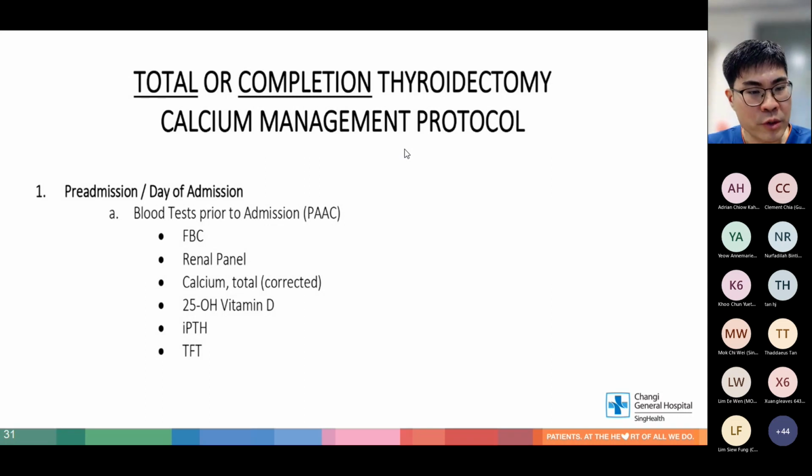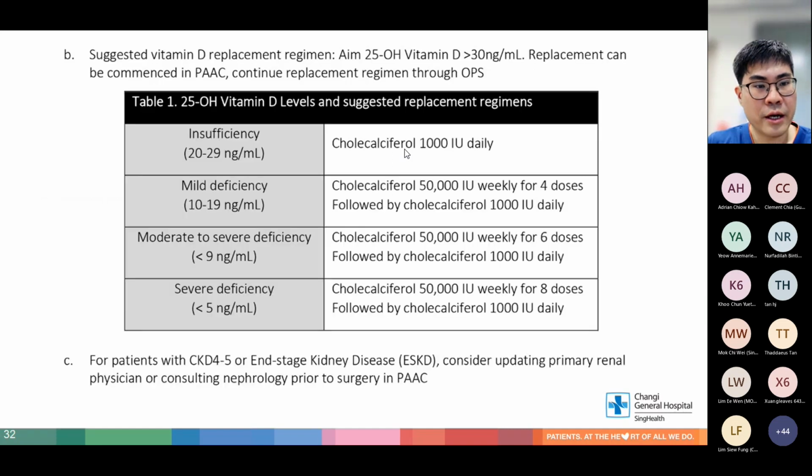Why we try not to do it in clinic itself is mainly because we're trying to minimize poking the patient unnecessarily. We don't want to poke the patient once in clinic, a second time in PAC, and then again on induction. So if it can be done at PAC, excellent. If not, the backup will be to check when the patients are admitted, and to do it at induction itself.